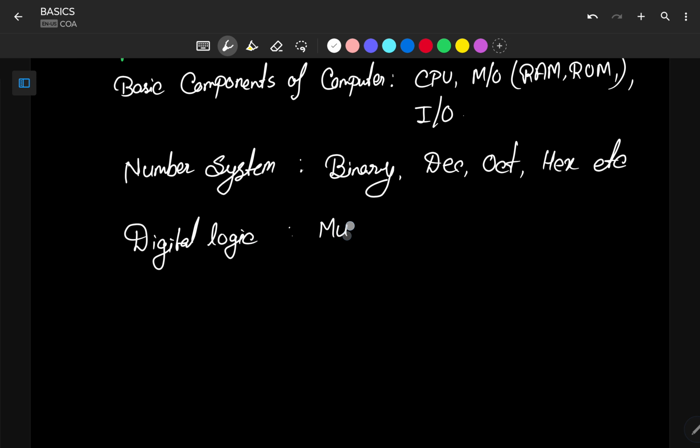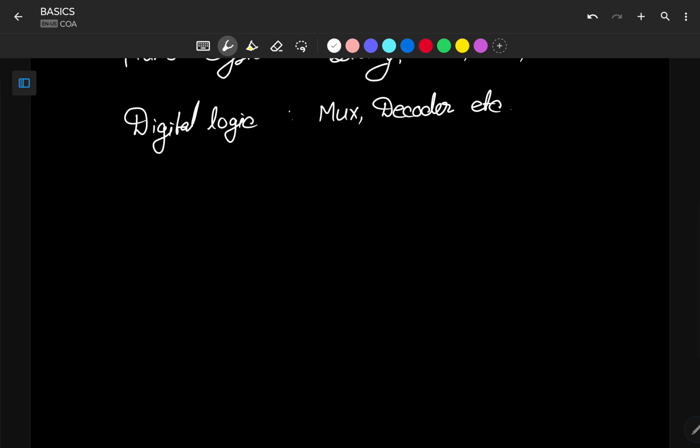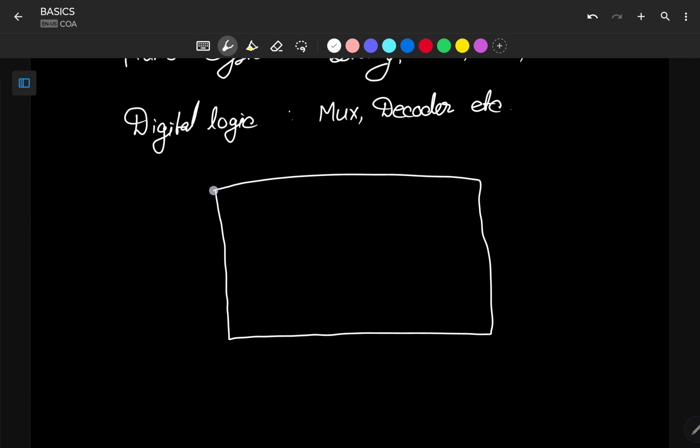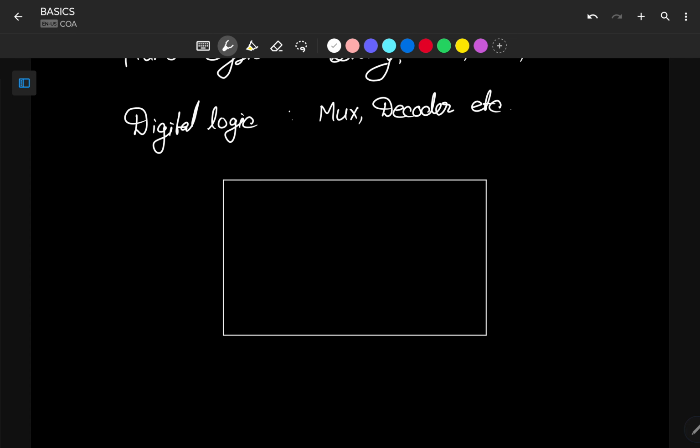In digital logic there is mux, decoder, etc. And there are some units: time, and bit or byte.